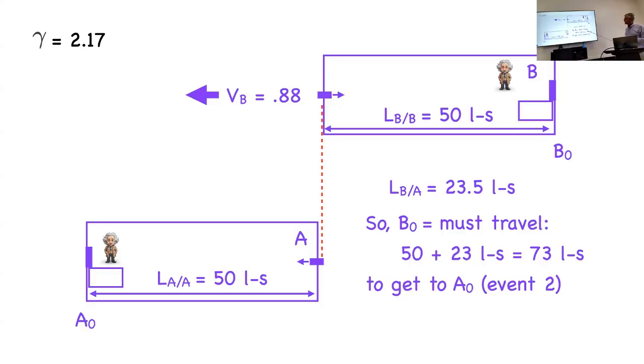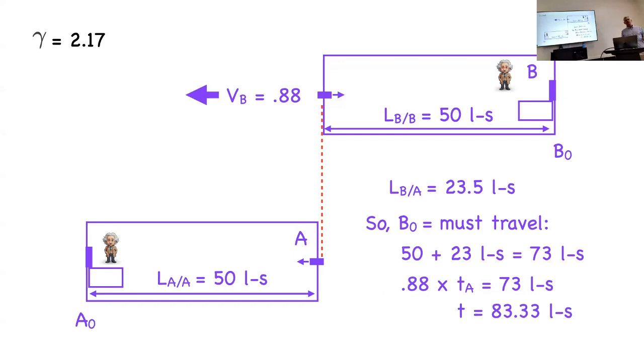So it must travel a total of 73 light seconds, B naught to A naught. Well, it's traveling at 0.88, so 0.88 times the time in A has to equal 73. Well, if you divide 73 by 0.88, guess what you get? 83.33 seconds. It all works out.